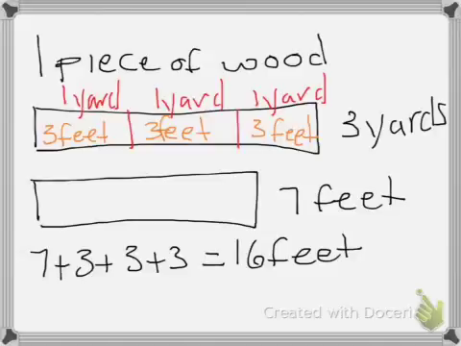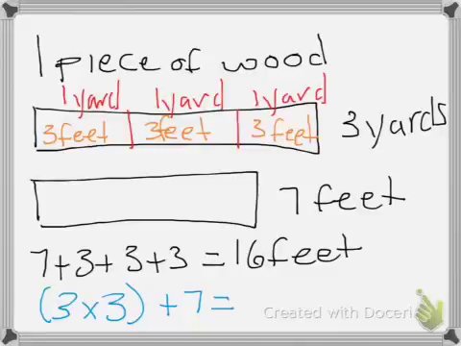I'm going to write it in blue. I can multiply 3 feet by 3, because there's 3 yards, and each of them is 3 feet. Put them in parentheses because that needs to happen first, and then add 7. 3 times 3 is 9, plus 7 is 16 feet.